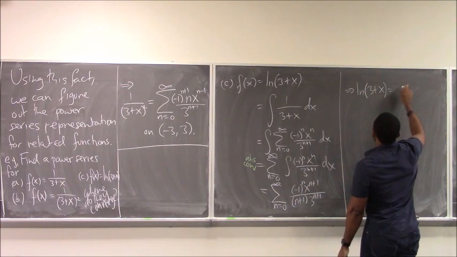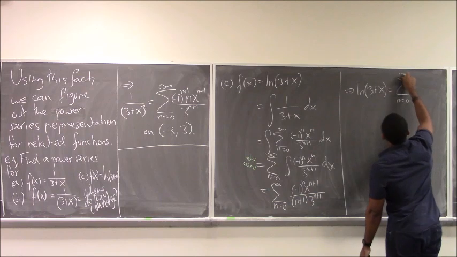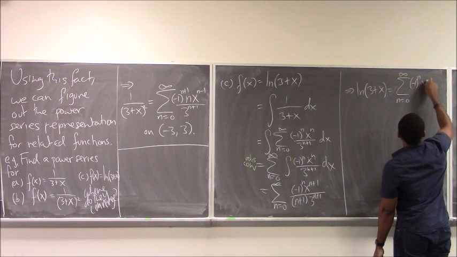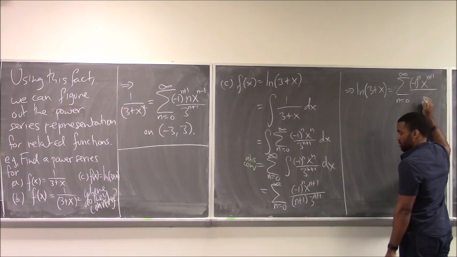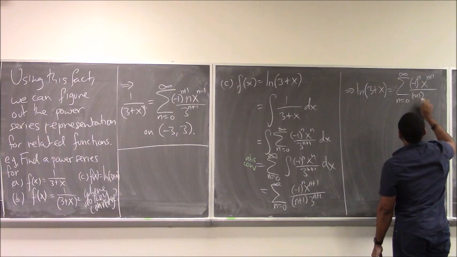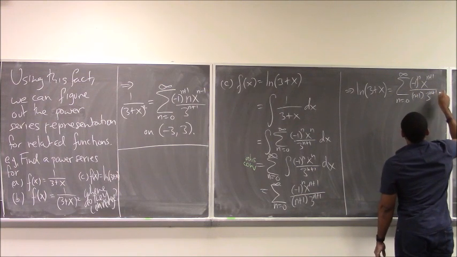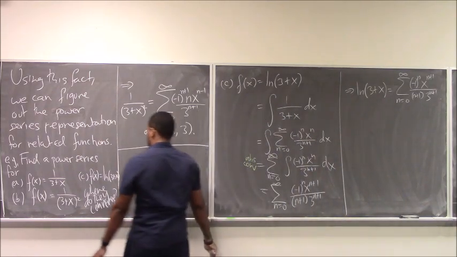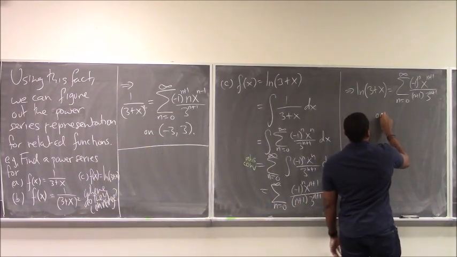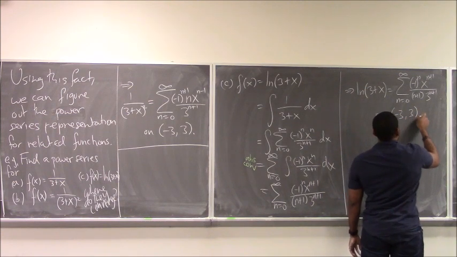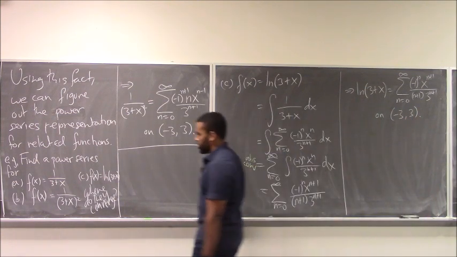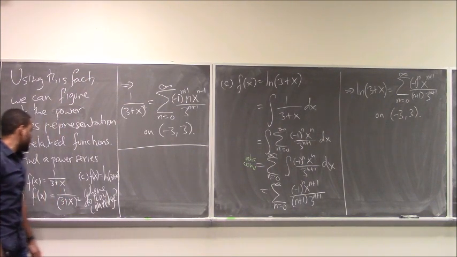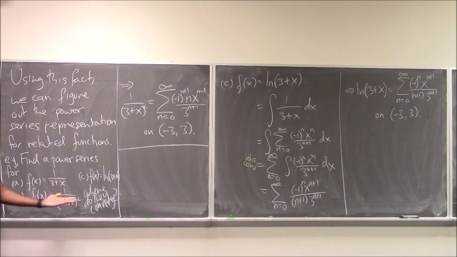So f of x equals the series, minus 1 to the n, x to the n plus 1 over n plus 1, 3 to the n plus 1. And of course this also works on minus 3 to 3, because it's all built up from the same original guy, which only worked on minus 3 to 3. So I can integrate and differentiate on that interval and create new power series on that interval.